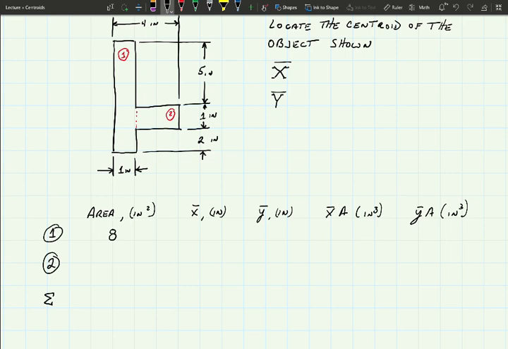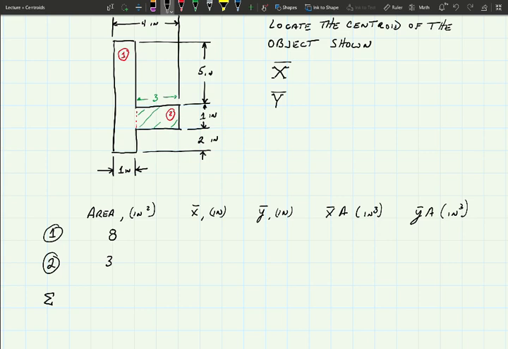All right, now area 2 is 4 inches, but we lose the inch for this one and just deal with this section right here, okay? And that's going to be 3 inches this way times an inch. So that makes our area for that one 3.